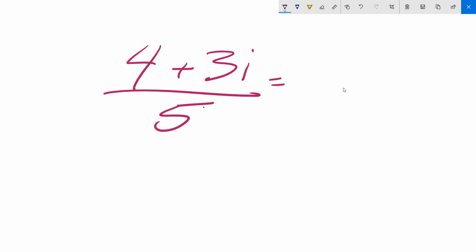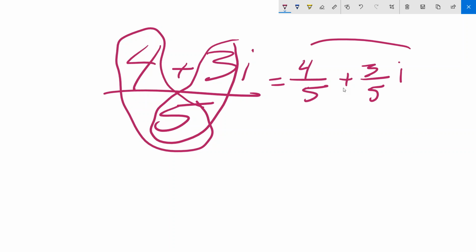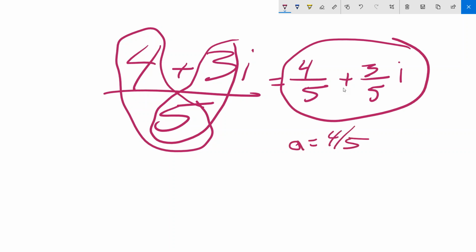No. A would be that part of the fraction, 4/5, plus b would be that part of the fraction, 3/5, and then there's the i. And that is in perfect a plus bi format, where a equals 4/5, b equals 3/5.